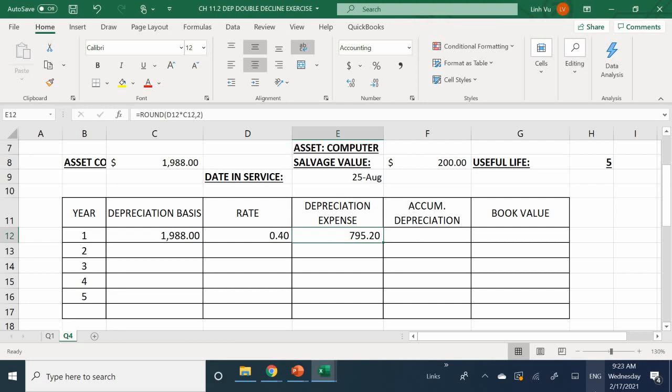First off, how old is my asset, and how much do I need to depreciate it for? It's only 4 months old. 4 months out of 12. Good. So let's calculate that. What is 4 out of 12 months? What is 1/3 of this?